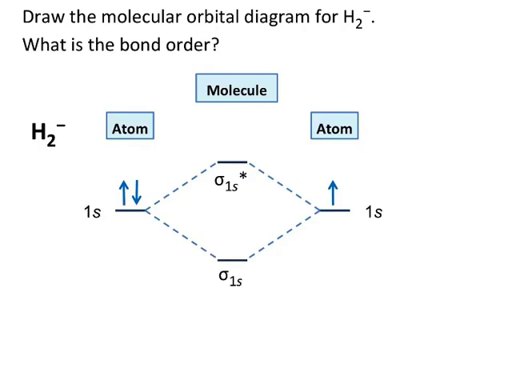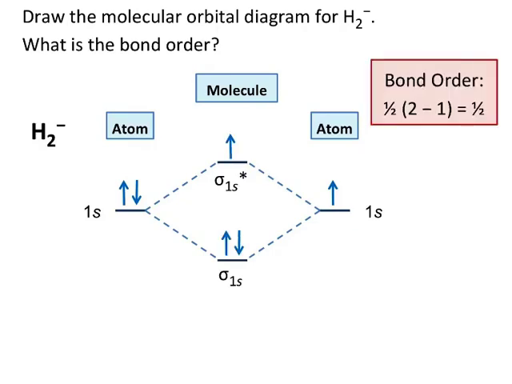This is small enough that we're only dealing with sigma from the 1s, and we're putting our 3 electrons in. So when you count for bond order, 1, 2 in the bonding, minus 1 in the antibonding, and then you take a half of that and it makes your bond order a half. So this is a half bond. Again, this is one of the advantages of MO theory, that we can do things like this where we couldn't do this before.